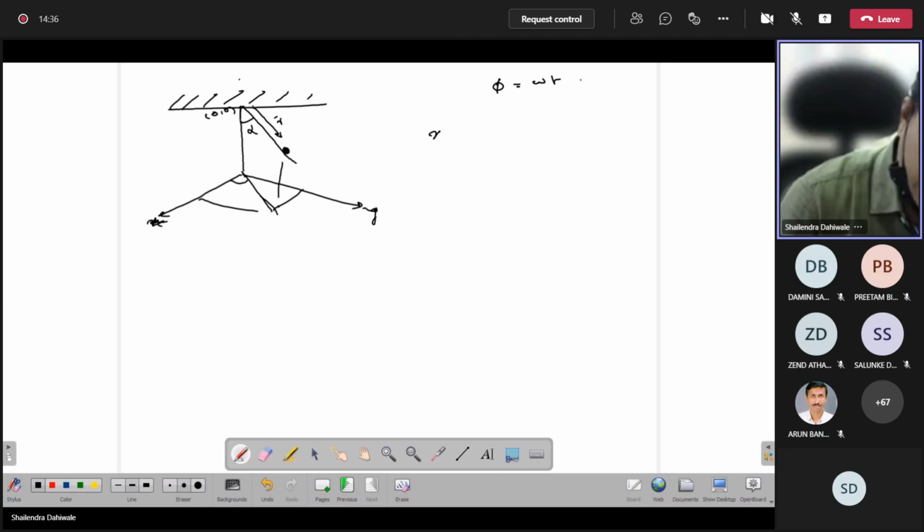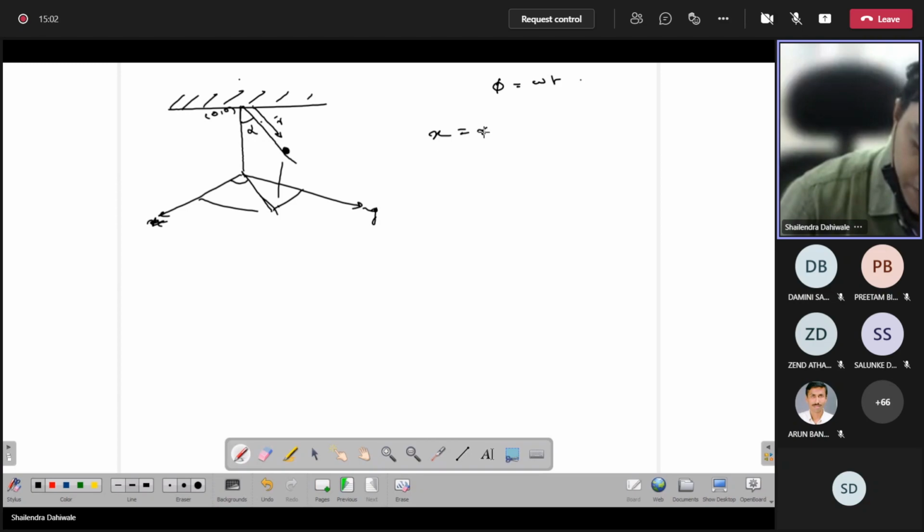So I can write this x as r in terms of alpha and phi. R is changing. So this bead can be here, here, here. At any instance of time, r is changing. But alpha and phi, they are constant. Alpha is time independent and phi is time dependent.